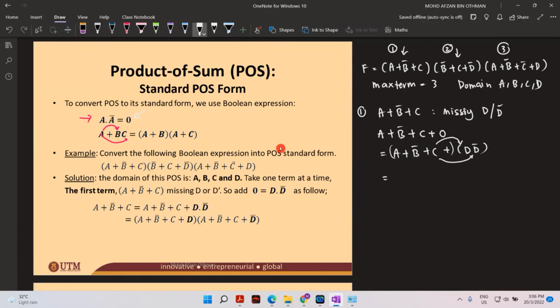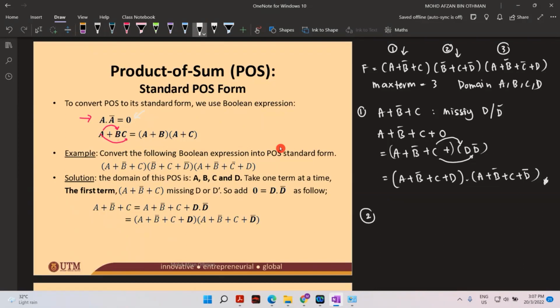So kamu akan dapat A tambah B bar tambah C tambah D, then dotkan dengan A tambah B bar tambah C tambah D bar. Okay, kita apply this rules here. So kita dah dapat. Okay, check setiap sum term. Yang ni cukup, yang ni pun cukup. Okay, so we stop.